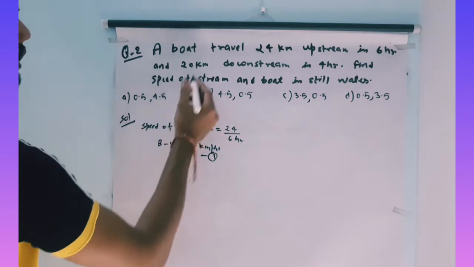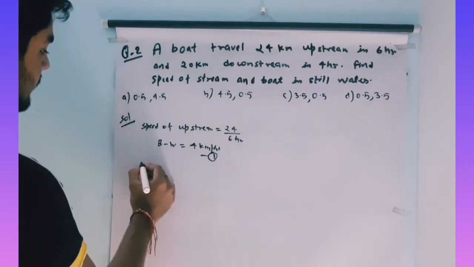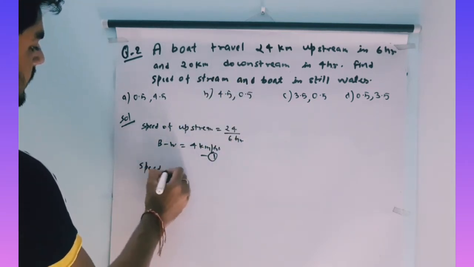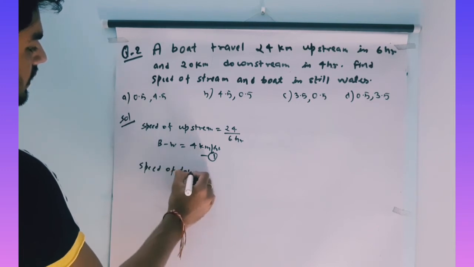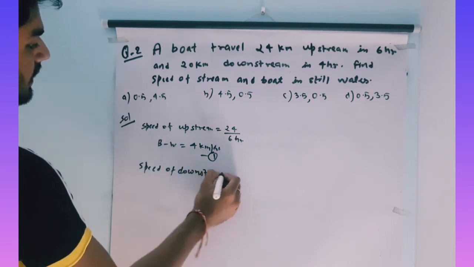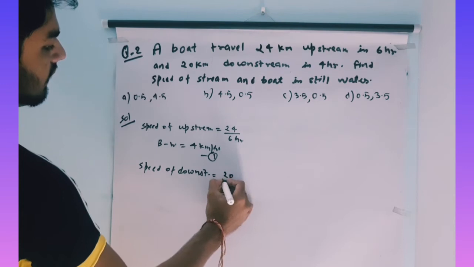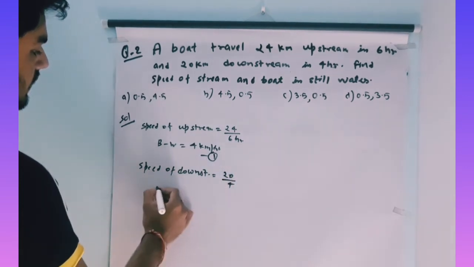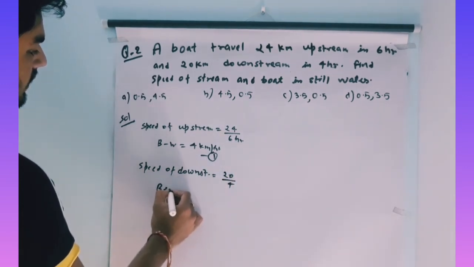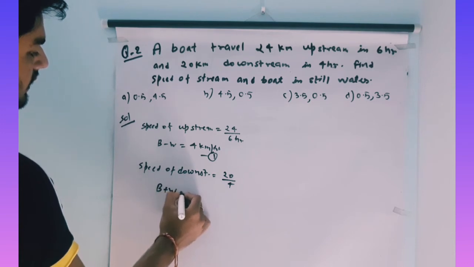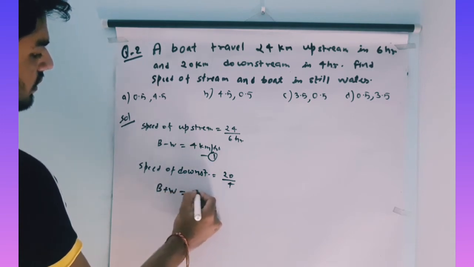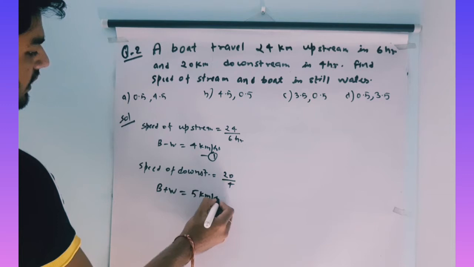Second, we have given 20 km downstream in 4 hours. So speed of downstream is equal to 20 divided by 4. We know the downstream speed is b plus w, which is equal to 5 km per hour, equation 2.